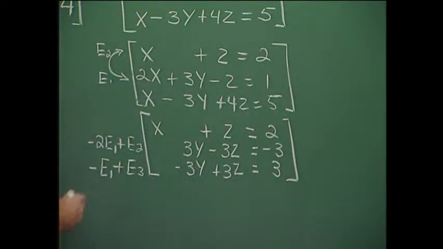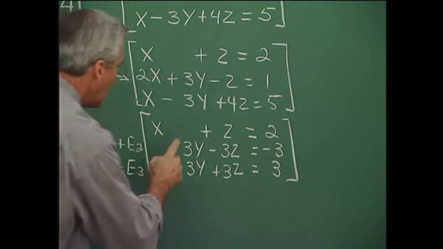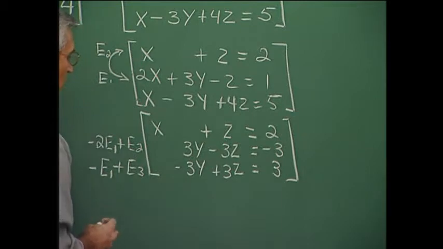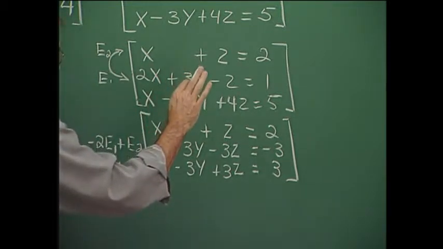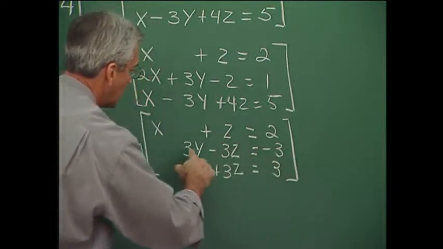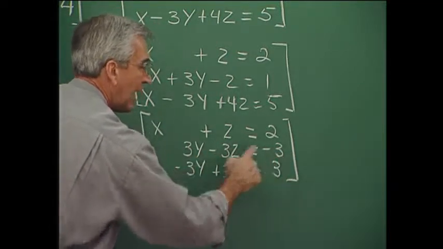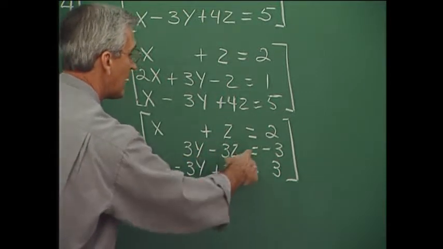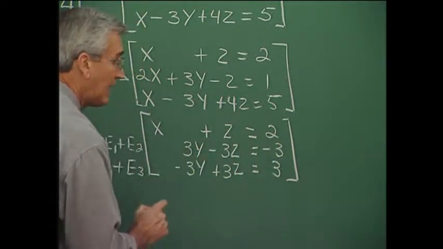All right. Our next task would be to cause our leading coefficient in equation 2 to become a 1. And we're going to go up here to do that. All we're doing to cause that to happen is dividing through by 3. So this will become y minus z equals negative 1. And that's all there is to it.